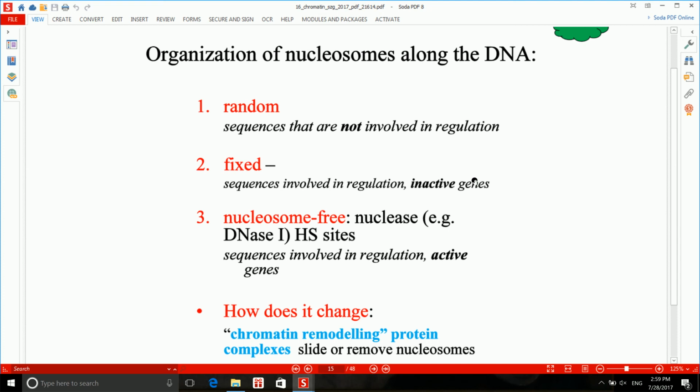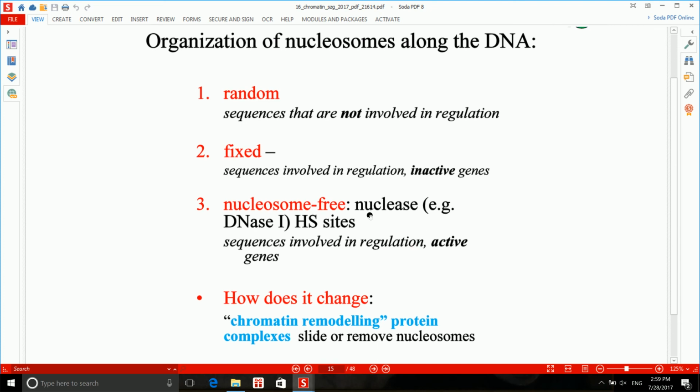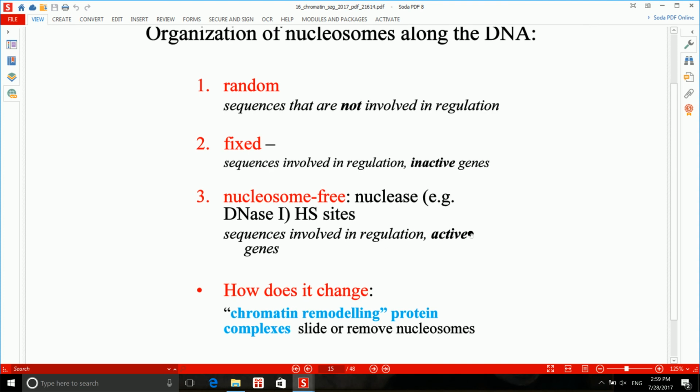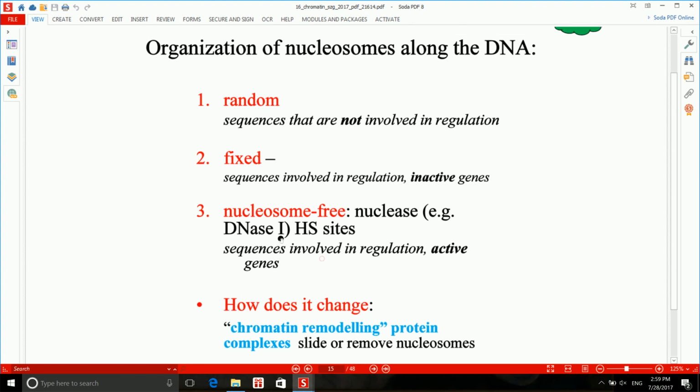There are specific sites for them. And there are, of course, sites with no nucleosomes, at sites with active genes, where we don't need nucleosomes. And these are interchangeable. So a site which is active can become inactive, so nucleosomes can form there. So if in an exam you saw a true or false question that the distribution of nucleosomes along the chromatin is always random, or always fixed, these are false. It depends on the activity of the gene, and on a lot of other things.